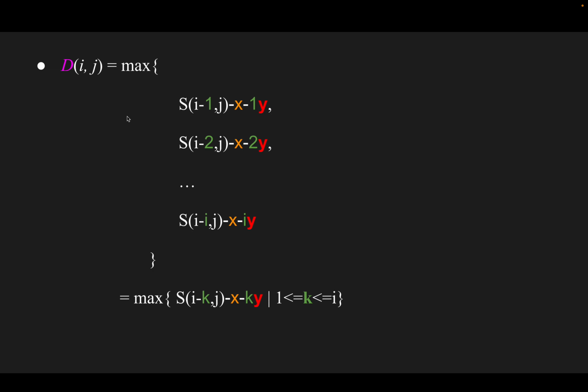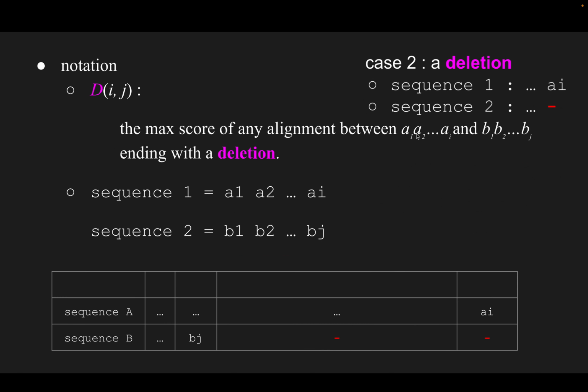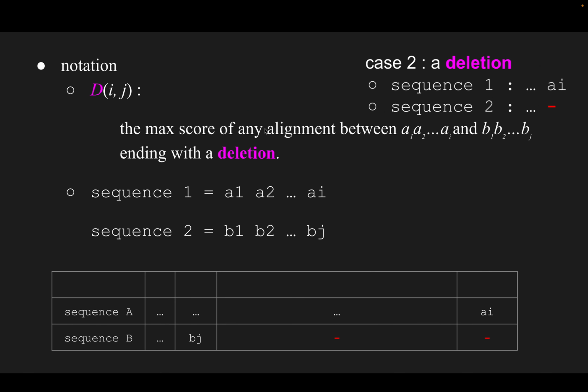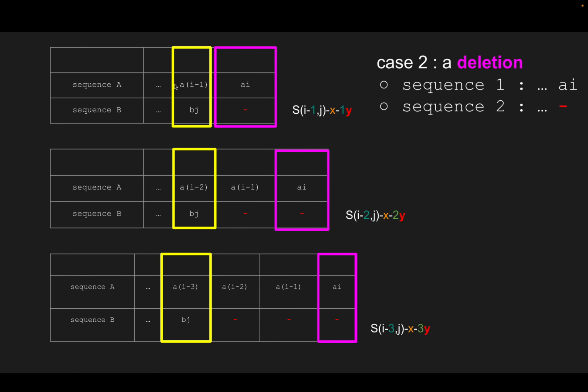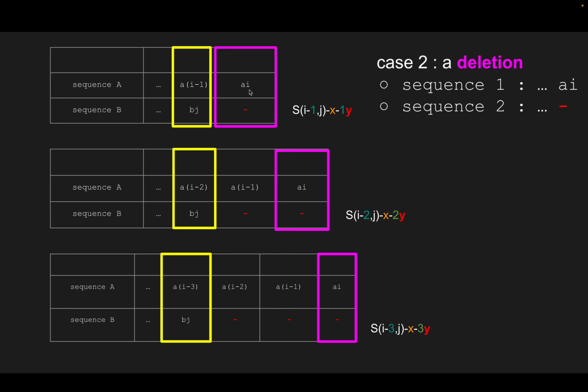By definition, D_ij means the maximum score for any alignment between A1 to Ai and B1 to Bj ending with a deletion. So we enumerate all the possible alignments ending with a deletion, and we want to find the maximum, so we take the maximum over all the possible cases we listed. The first one, S_{i-1,j} minus x minus 1y, is the case with no extra character between Ai and Bj.